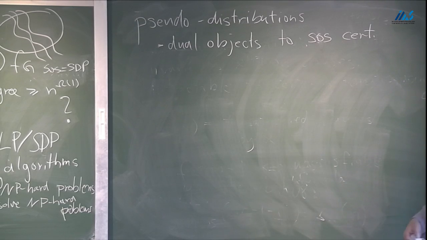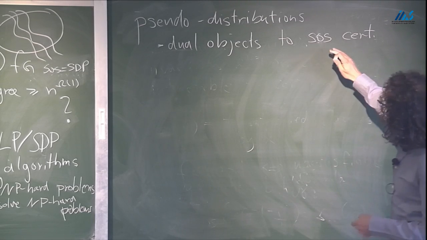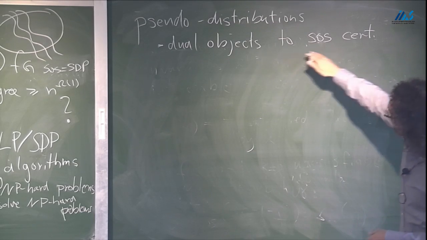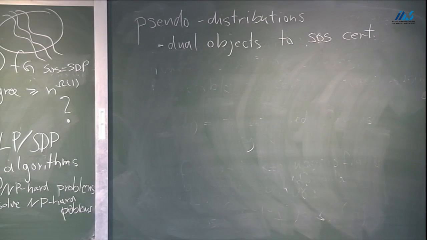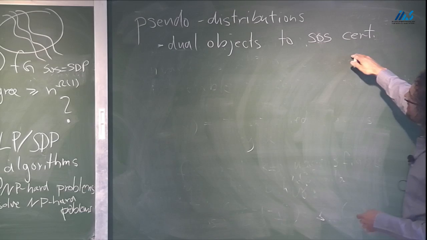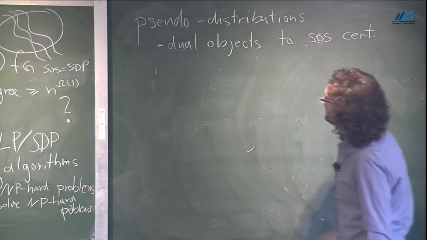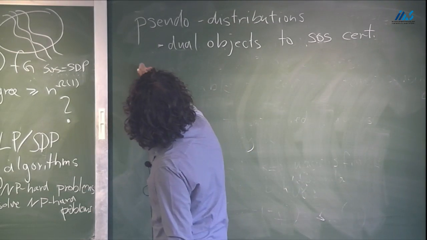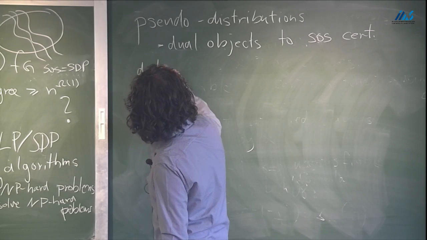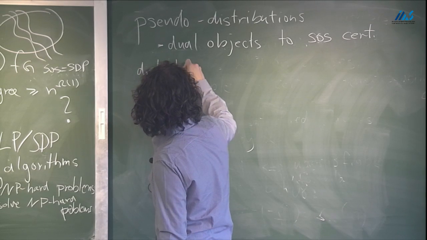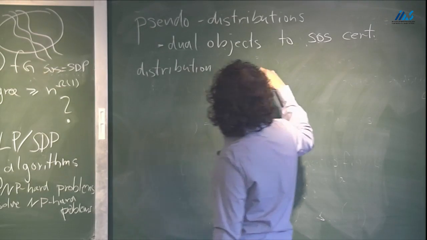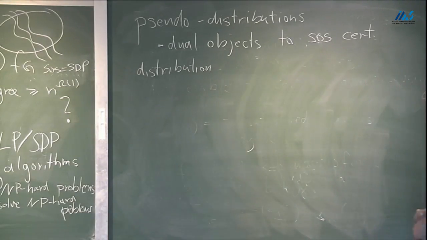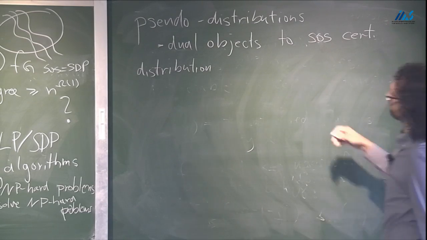Okay. So instead of explaining them in terms of dual objects of sum of squares certificates, let me contrast them to regular distributions. So what's a distribution? A regular probability distribution. And we talked here about distributions over the hypercube.